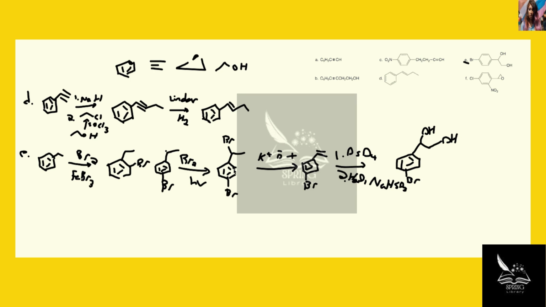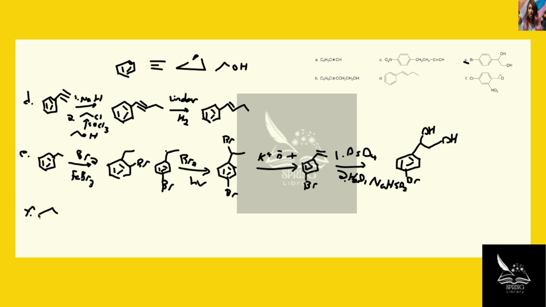So once there, then we can make our alkene double bond, and then we can use MCPBA to cyclize this with the oxygen in it. So it's very important to know what your reagents do.